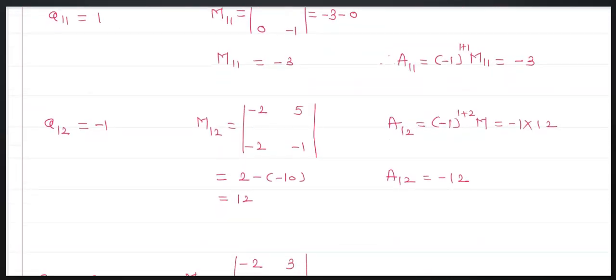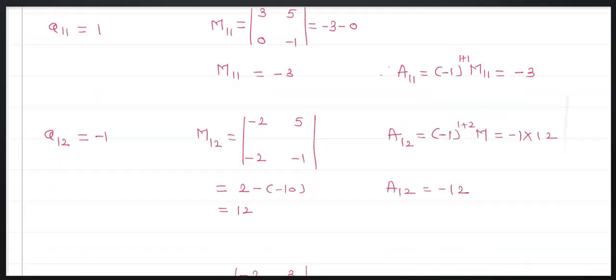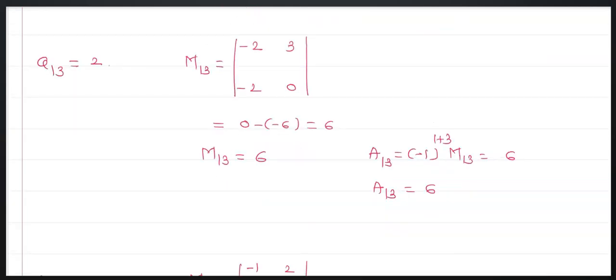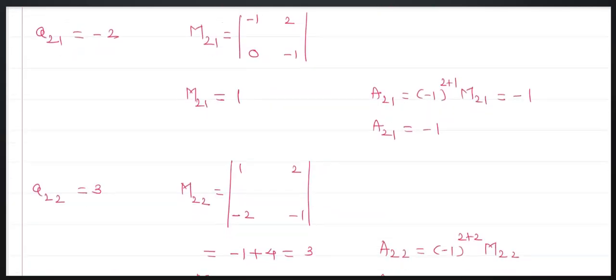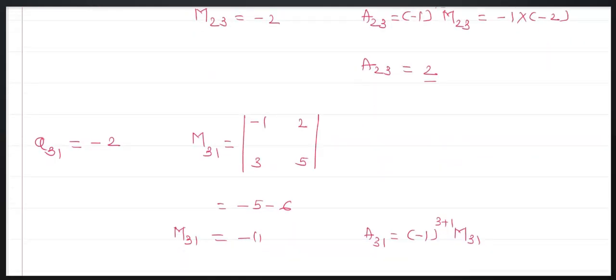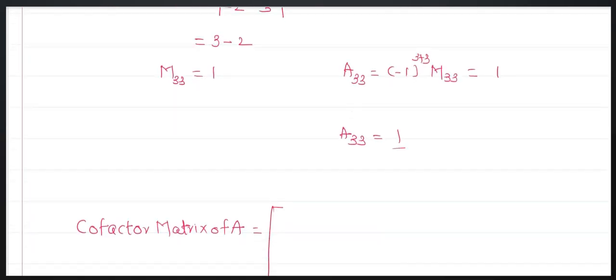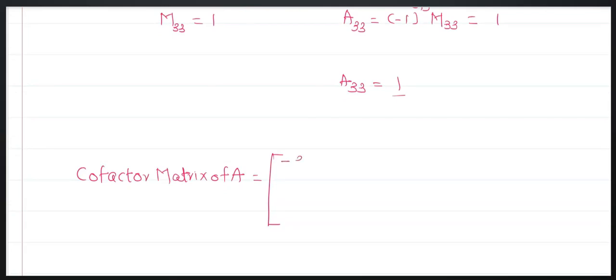It will be step by step all the elements. This is the cofactor matrix: minus 3, minus 12, 6, minus 1, 3, 2, minus 11, minus 9 and 1.